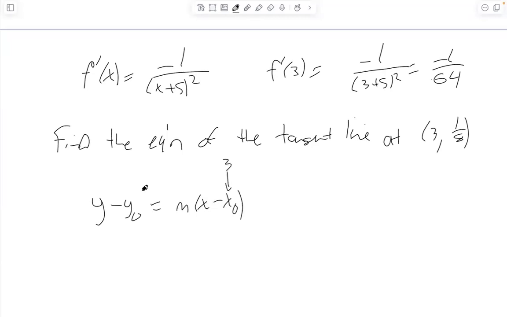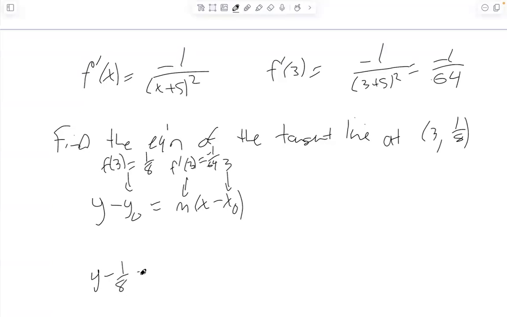That was given. That's the y value on the original. Right there. Like I plugged 3 into the original function to get 1/8. And slope is the derivative at 3, which we got was -1/64.